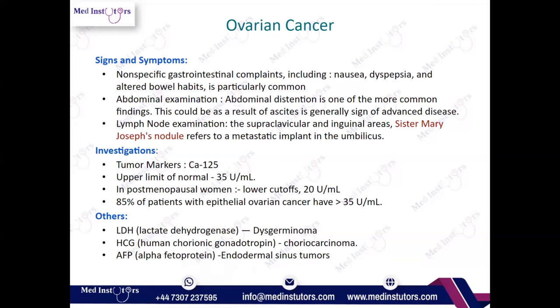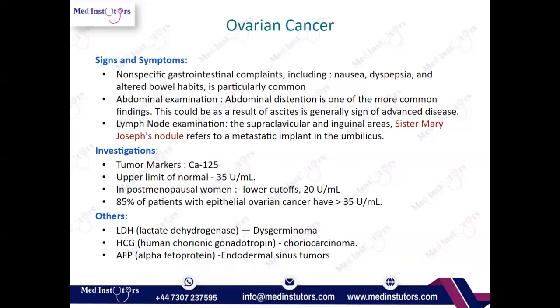And on lymph node examination, please remember Sister Mary Joseph nodule. If you find these nodules, which are basically on the umbilicus, that gives you an idea that the tumor has metastasized towards the umbilicus. So Sister Mary Joseph nodules are specific for ovarian cancer.